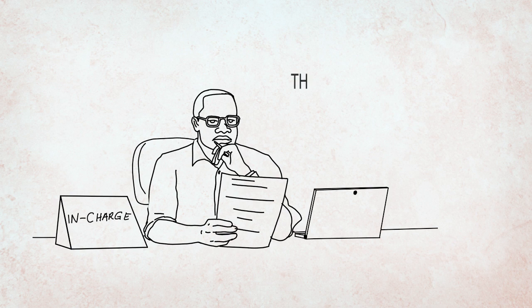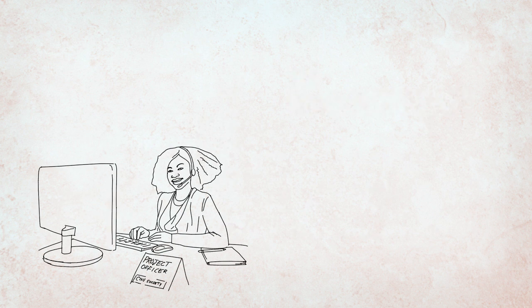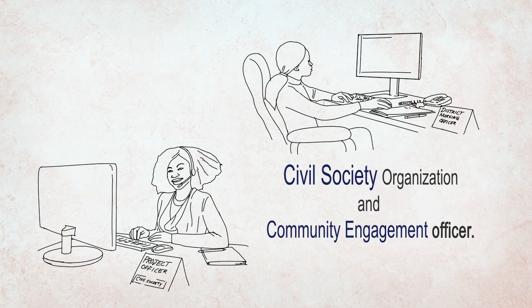The Facility Aggregation Tool. From the community, zonal data is then taken to the facility, where it is aggregated on a quarterly basis and general comments are given from the facility. After being approved by the facility in charge, it is sent to the project officer from the civil society organization and the district nursing officer or the community engagement officer.